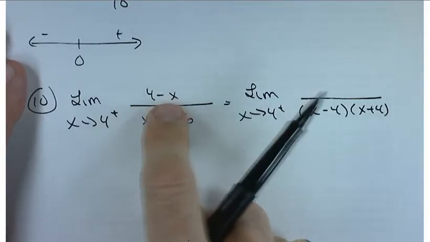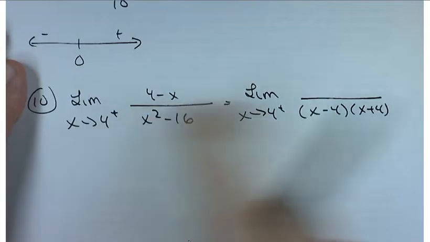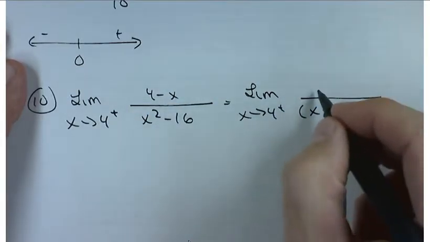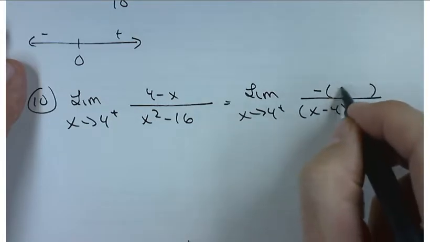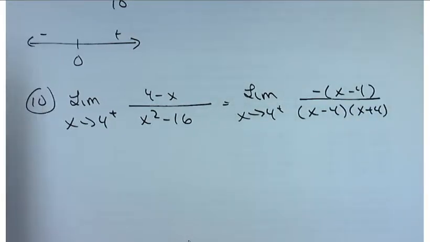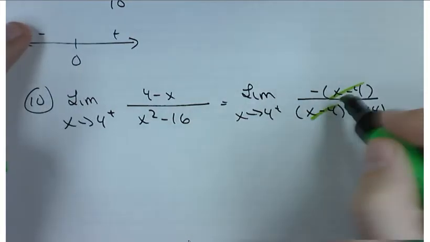So how can I flip this around? What else could I write up here? Yeah, factor out the negative. Negative of x minus 4. So that's that factorization again that we saw in the last section. Now this will cancel.